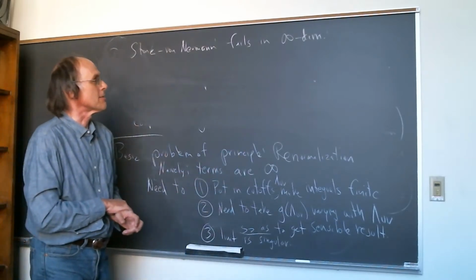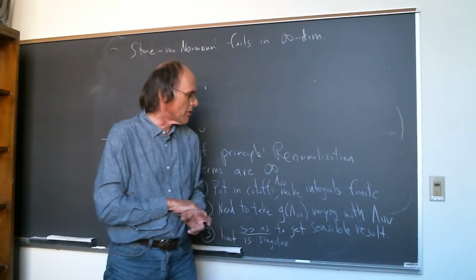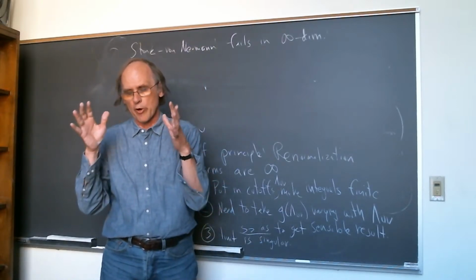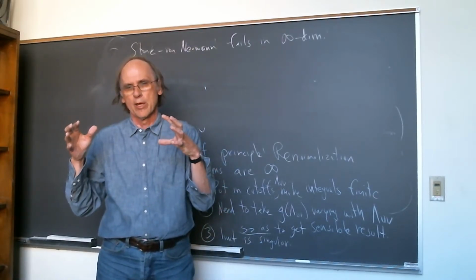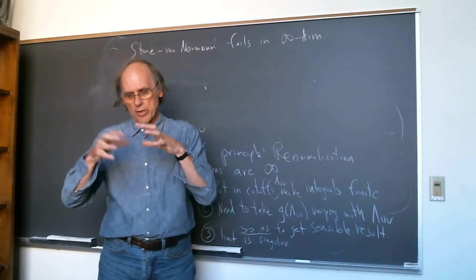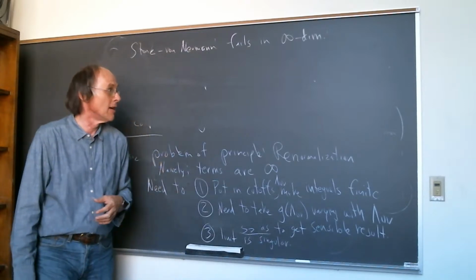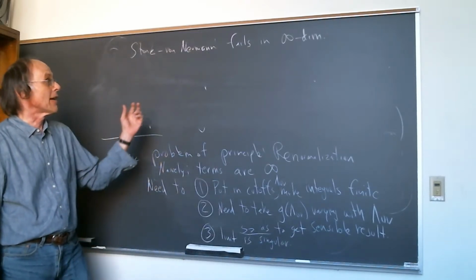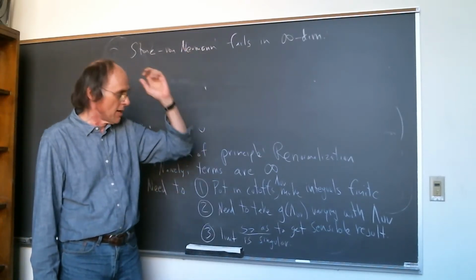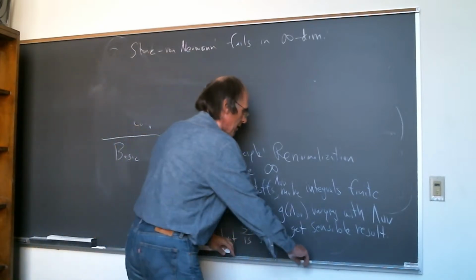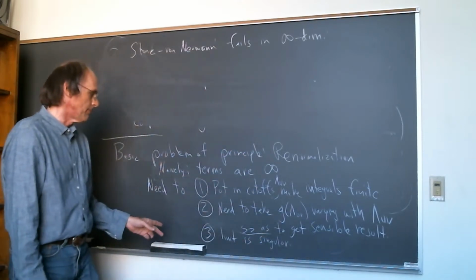So you didn't have to worry about the representation of this group, or of what your state space was, because there was only one sensible way of doing it, up to unitary equivalence. That's no longer true.